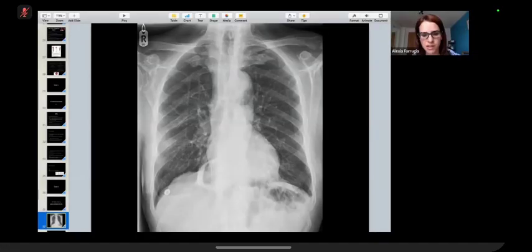Can you see any hyperdense structure there, which would point towards the NG tube? You think you can see something linear and hyperdense? Focusing on this region, can you see something there?